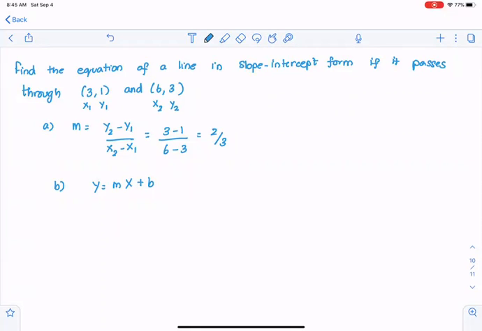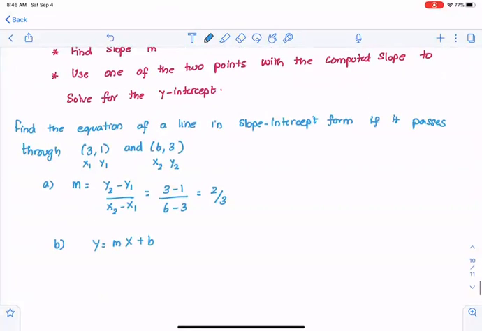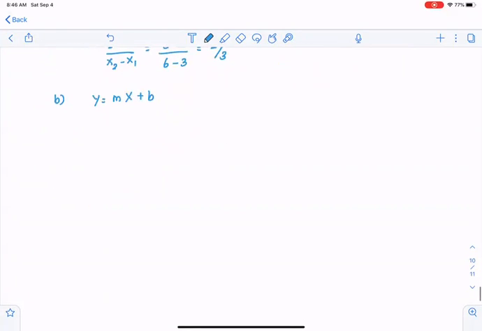Key things that make a point difficult are having a fraction, having negative numbers, or having large numbers. So I usually go for a point that seems simple to me. I am going to pick 3, 1.